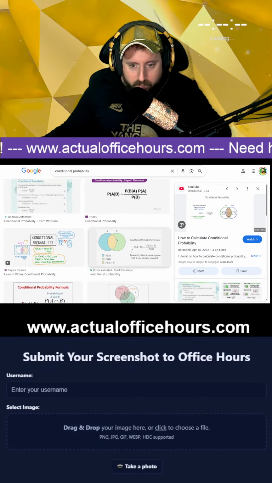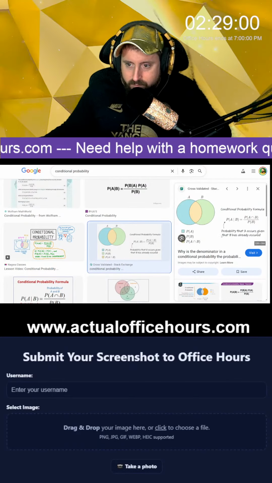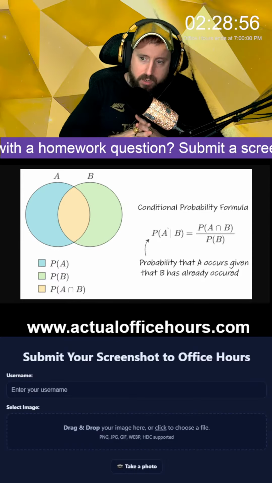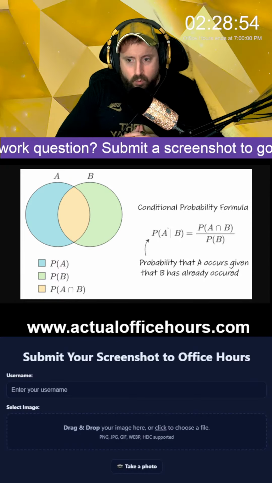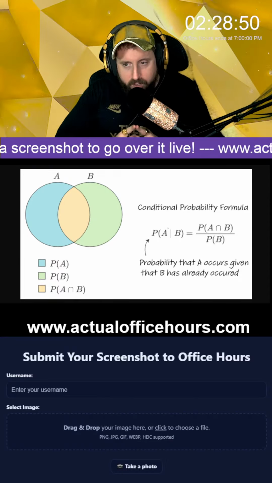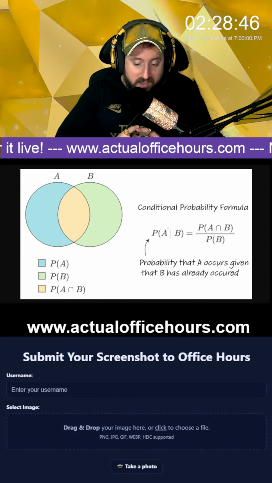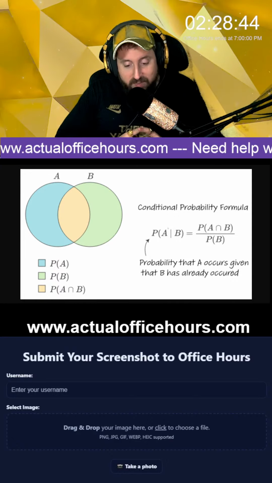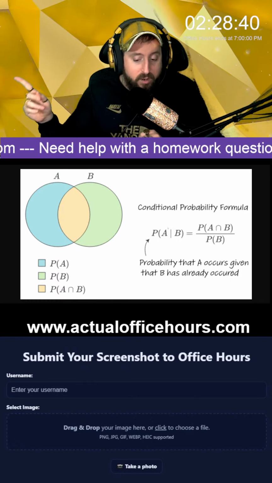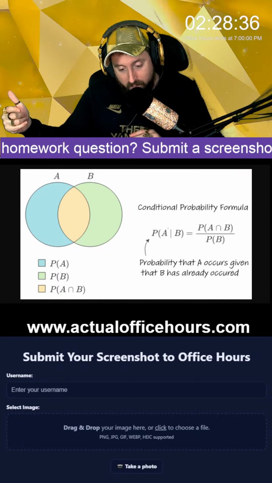Yeah, this is a conditional probability. So if you want to figure out the probability that A happens, given that you already know B has occurred. In this case, it was the probability of picking one of the urns, given you know you had to have picked a red ball.